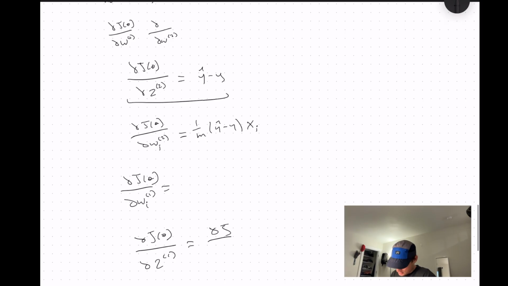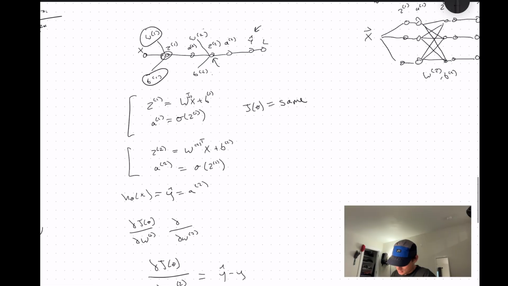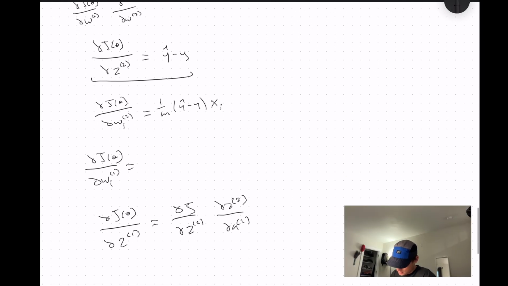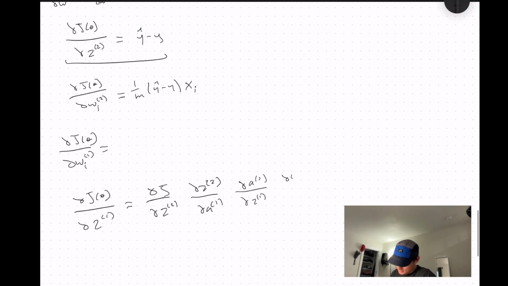So that's J, Z2, and then Z2, A1. Yeah, A1. And now we can go A1, Z1. And then Z1, W1.